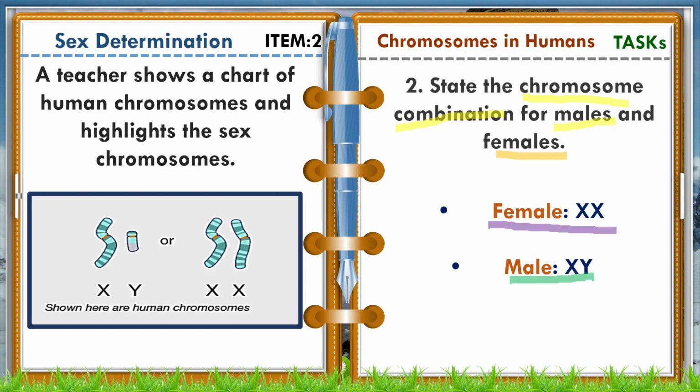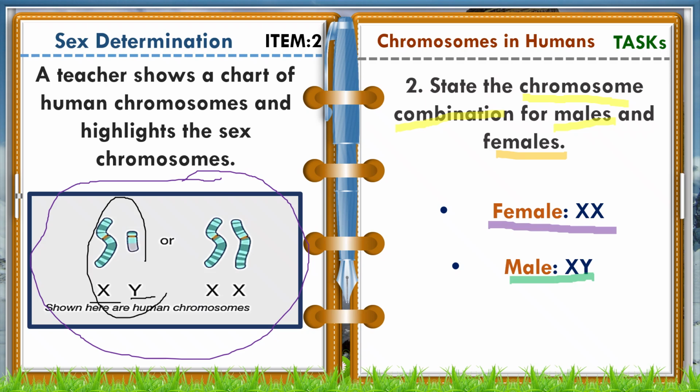If you look on our diagram here, you will see the combination XY. This one is for the male. And when you see XX, this combination is for the female.